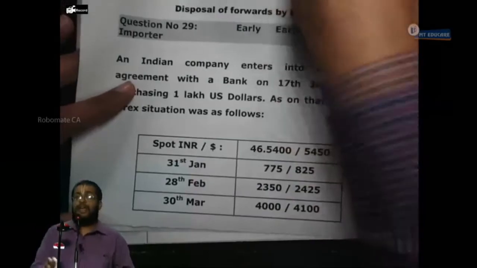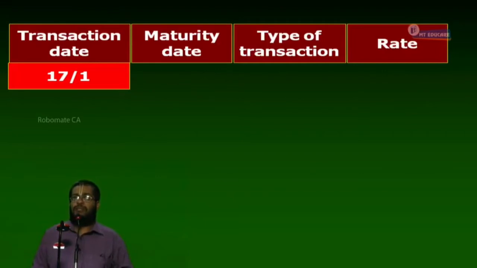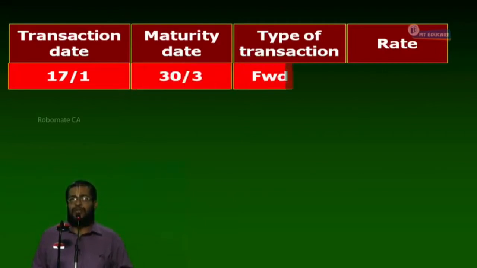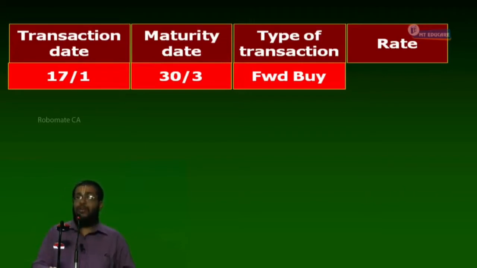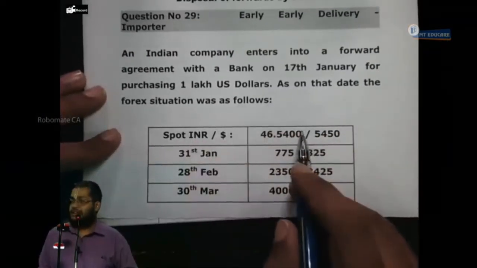So now, again tell me. I went to the bank on which date? 17 January. Entered into a forward maturing on 30th March. That transaction is what? Forward buy. I go for a forward offer rate. Now, look at the workbook. In that, the first table has been given, or not?